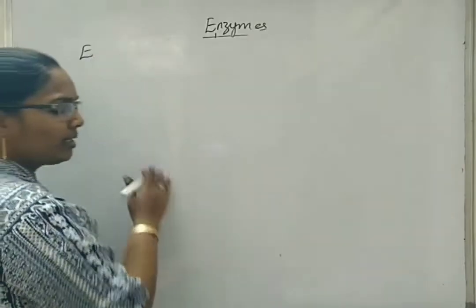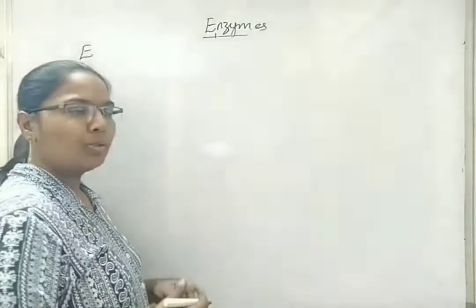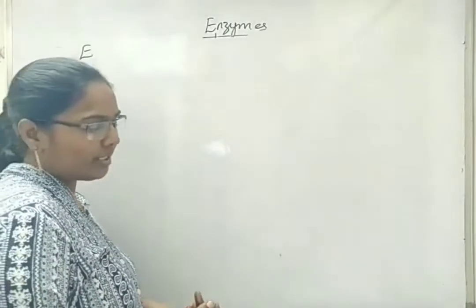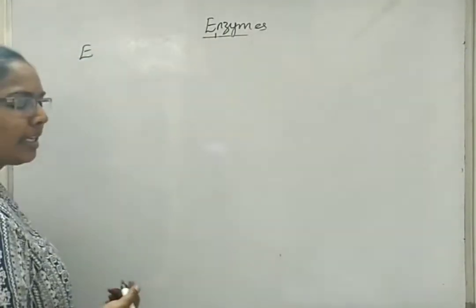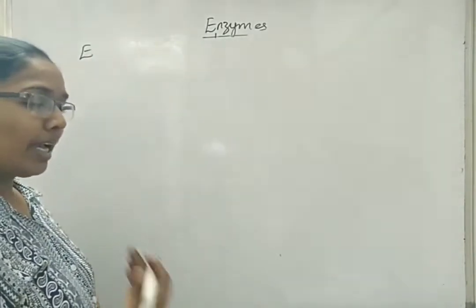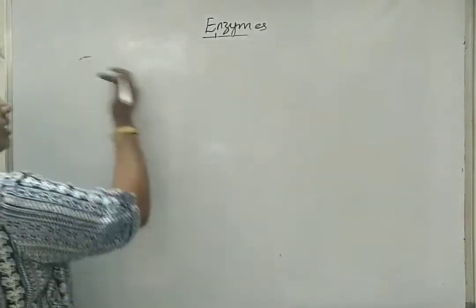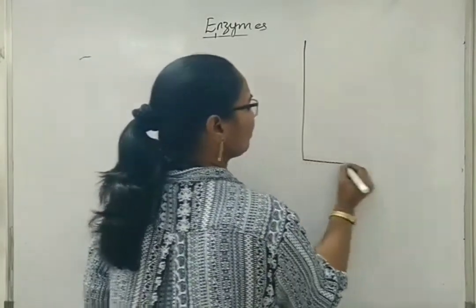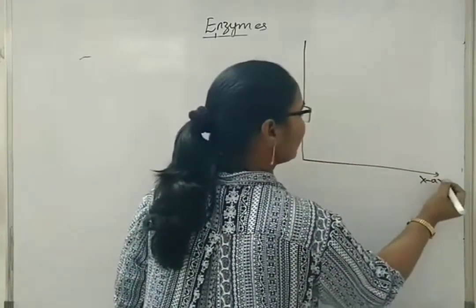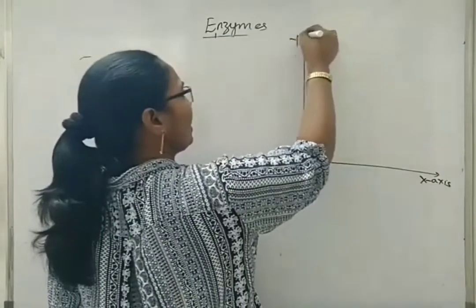I told you that substrates need to spend some energy that is called activation energy. Based on the activation energy in presence of the enzyme and in absence of the enzyme, how substrates are involved in the reaction, let's plot a graph. This is x-axis and this is y-axis.